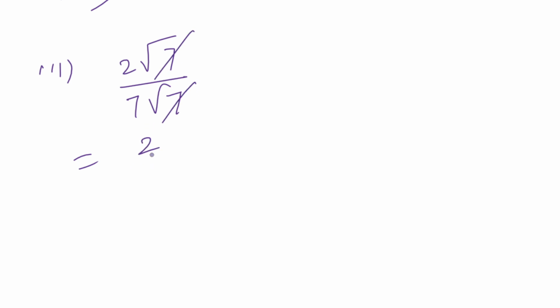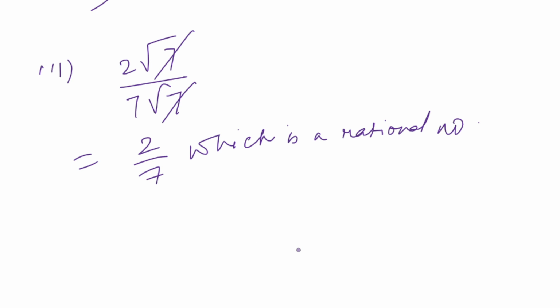What was 3? 2 by root 7 by 7 by root 7. So what I can do is cancel this root 7 and root 7. So it will be left with 2 by 7, which is a rational number. Number 4.